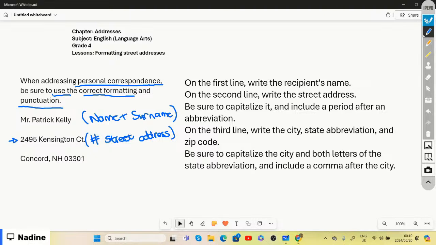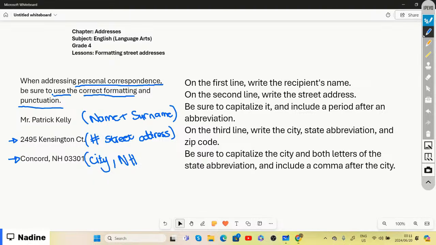All right. And then on the last line, or the third line, you need to write the city, so the name of the city that you live in. And then you also need to write the state that you live in, but the state needs to be abbreviated. And once you abbreviate your state, it needs to be capitalized, right?